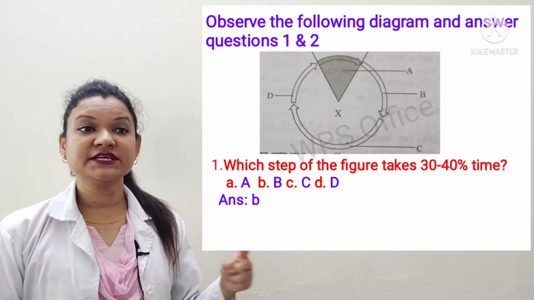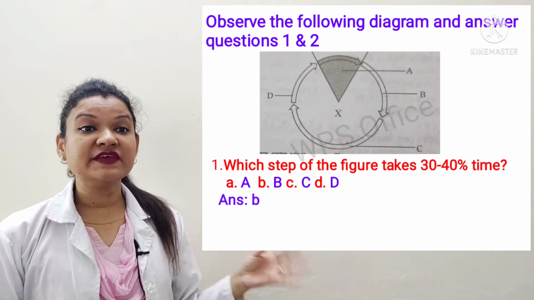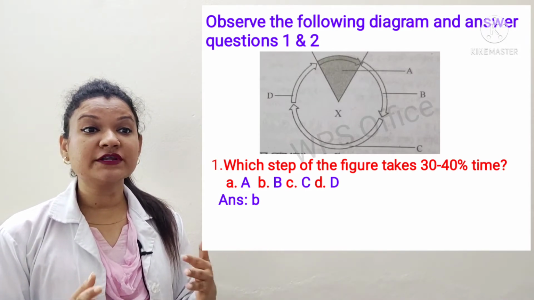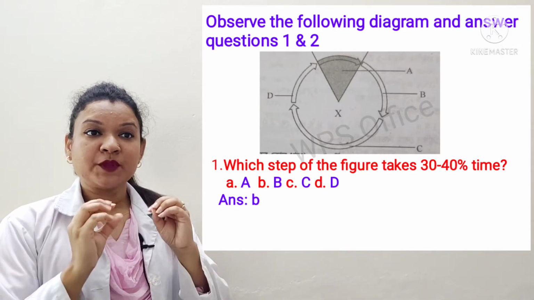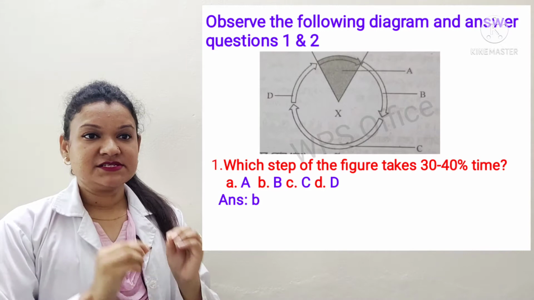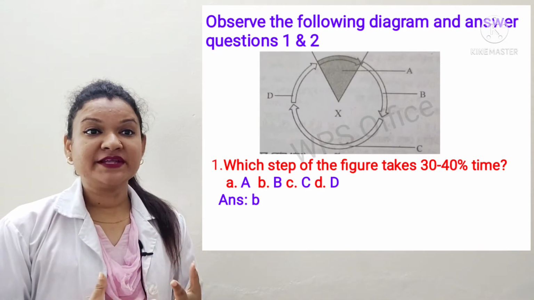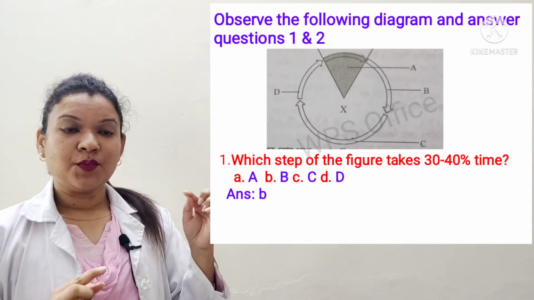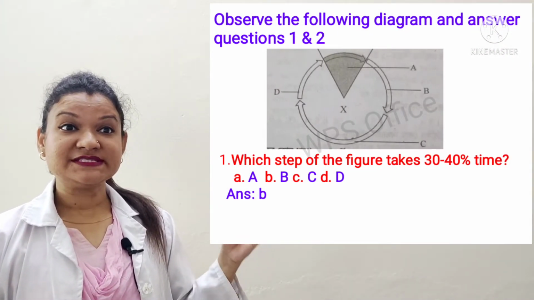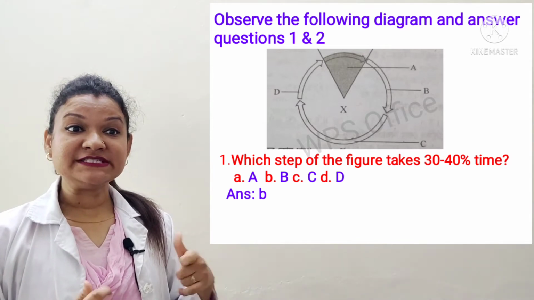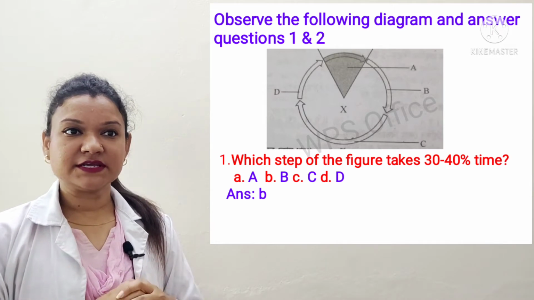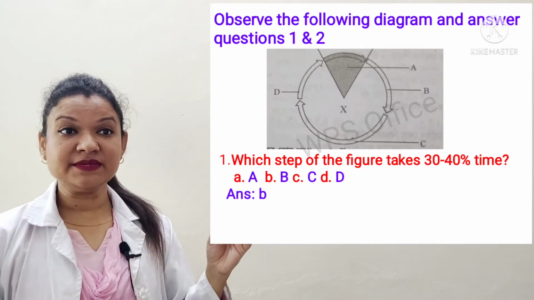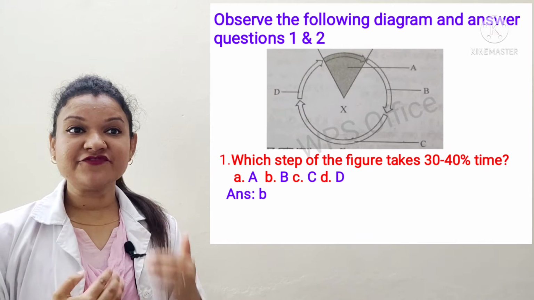Our first question is, which step of the figure takes 30 to 40% time? Now I will describe how much time is actually spent in each stage of the cycle. A is the M phase. M phase takes 5 to 10% of the cell cycle time, and interphase takes 90 to 95%.